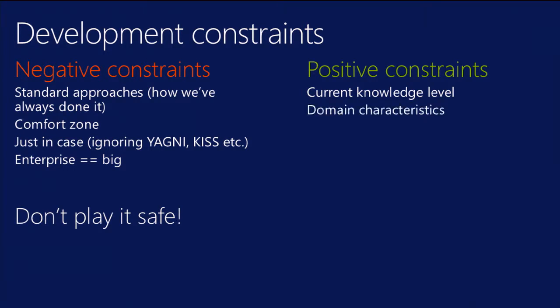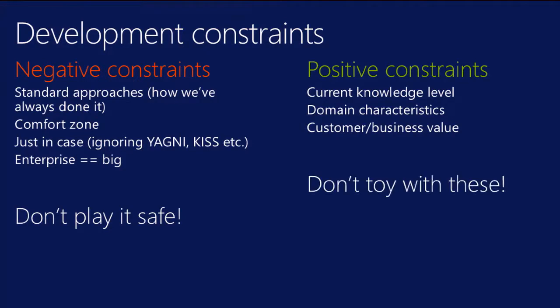We have domain characteristics. Are you in the telecom industry, finance, government, and so on? Then those domains have characteristics that we need to play with. And the most important thing of all, customer business value. We need to provide high value to our customers, and that is something we can't really toy with. So challenge the ones on the left, but don't challenge the ones to the right.